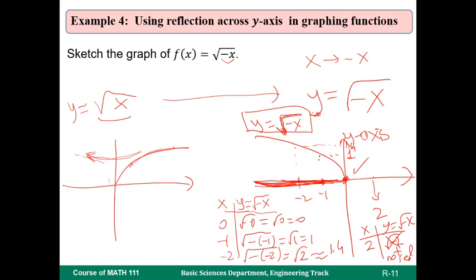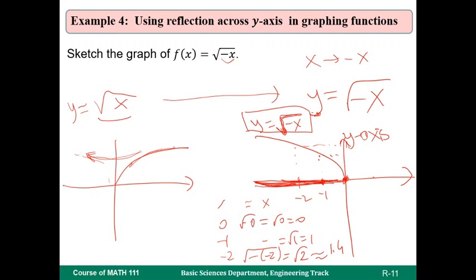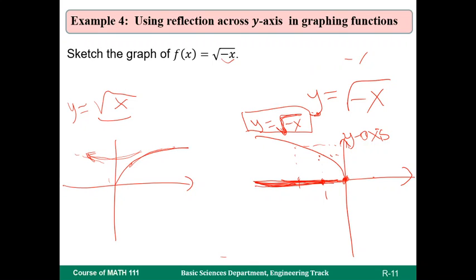So for these points, the function doesn't work. So this graph makes perfect sense. There is no problem with this function, with this graph. So then you can say the graph of the function is this one now.